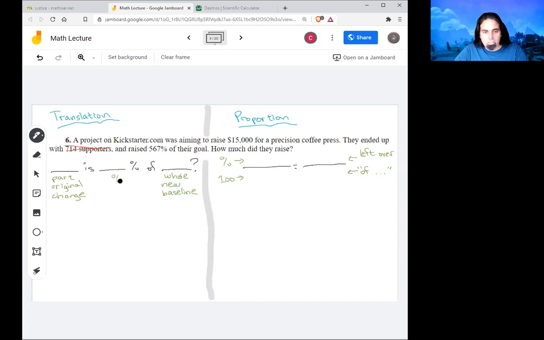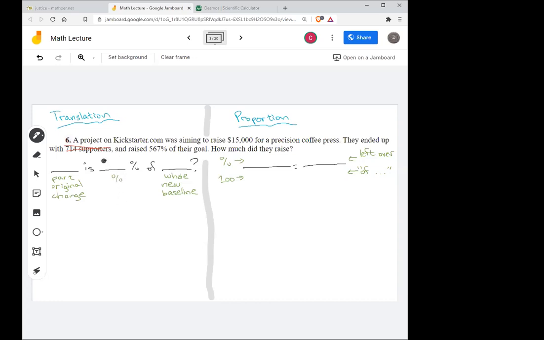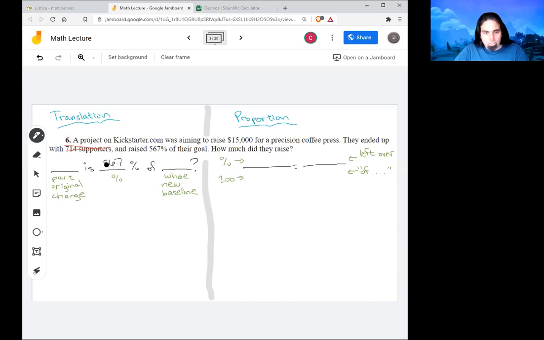Maybe the percent is the easy one. What should we put in the percent? 567. So is it what is 567% of 15,000? Or is it 15,000 is 567% of what? $15,000 goes first. If we did that, then their goal is more than 5 times as much of something.